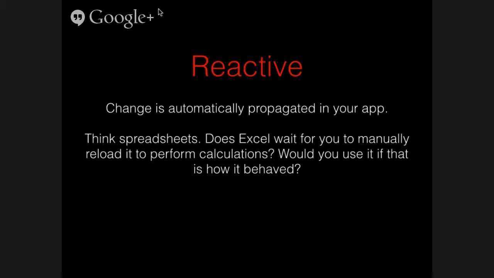The reactive part comes to change being automatically propagated. And you can just think of Excel or a spreadsheet where you have your formulas, everything updates as you type in. You don't have to hit update or whatnot. And one of the big themes with FRP is this automatic change propagation.